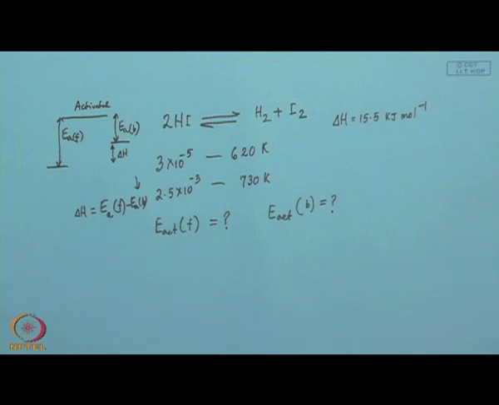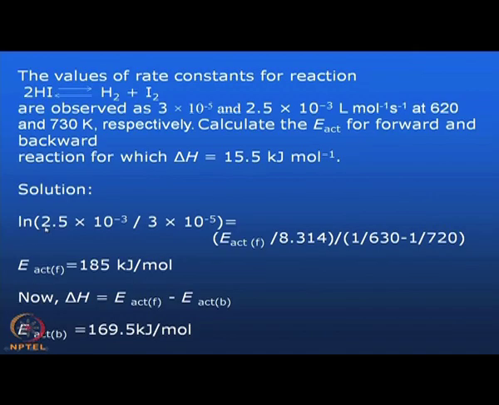It is given like this: ln K2 by K1 is equal to activation energy by 8.314 into the difference of 1 by the two different temperatures. This is your initial temperature, this is your final temperature. Upon calculation, if you simplify, the activation energy for the forward process comes out to be 185 kilojoule per mole.